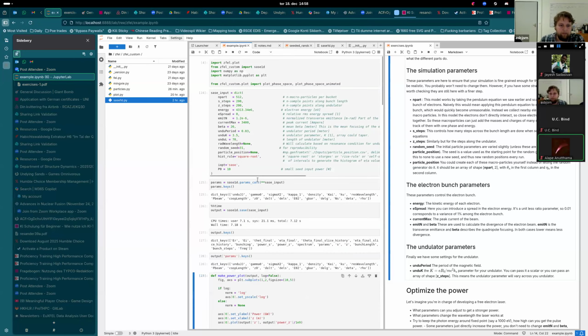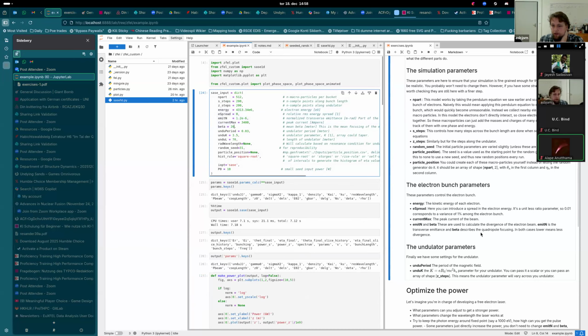There's the current. So how many electrons at peak of your bunch do you have? And we have the undulator. These are basically the electron bunch parameters.